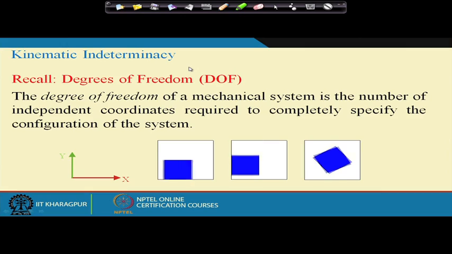Now, as I said, we know what static indeterminacy is, right? We know when a structure becomes statically indeterminate or statically determinate. And when we introduced static indeterminacy, I also mentioned another term called kinematic indeterminacy, and we just mentioned the name, but we did not discuss anything about it.